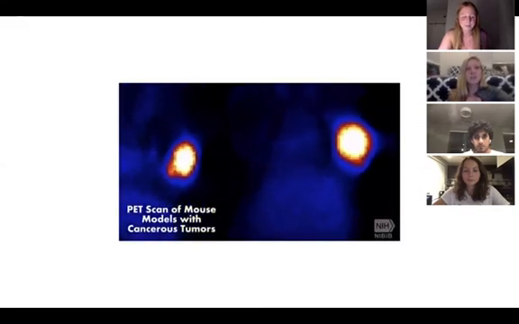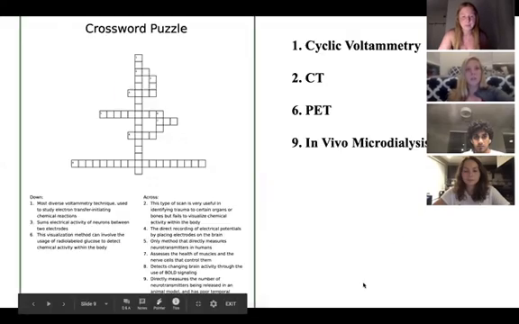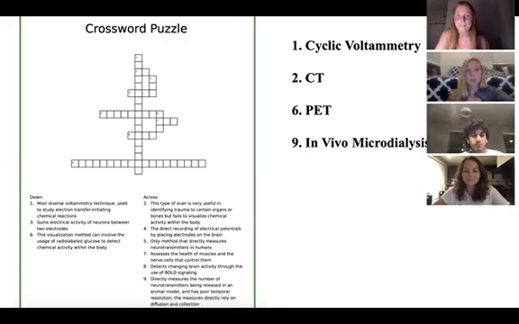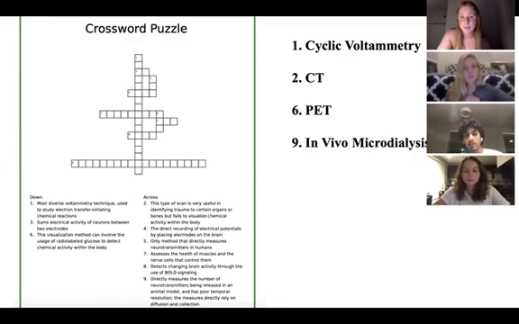Javine, what do you think for number 9? Which method directly measures the number of neurotransmitters being released in an animal model and has poor temporal resolution? A hint is its measures directly rely on diffusion and collection. I think that clue fits in vivo microdialysis. In this method, a semi-permeable membrane is placed in proximity to a group of neurons within a subject animal.